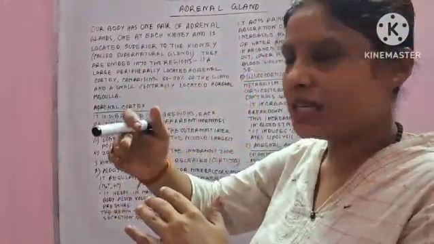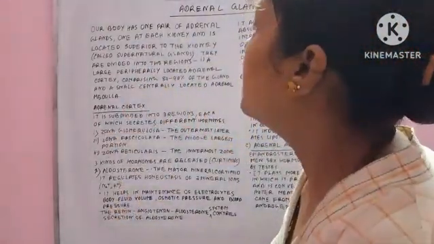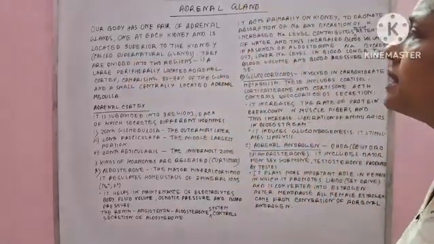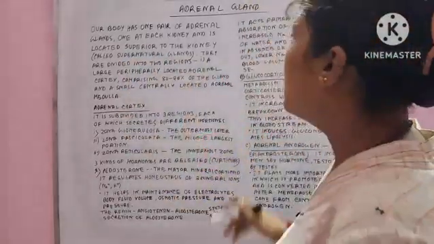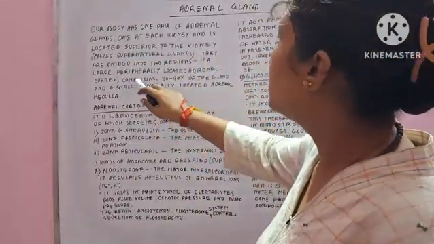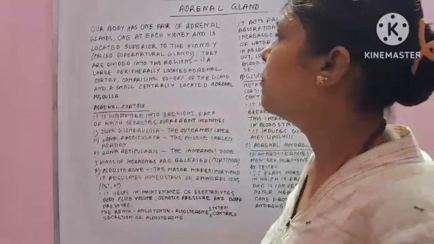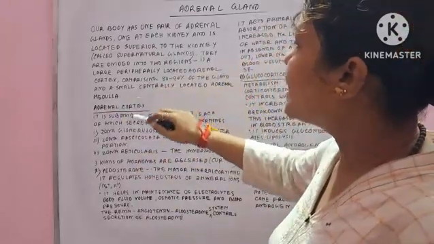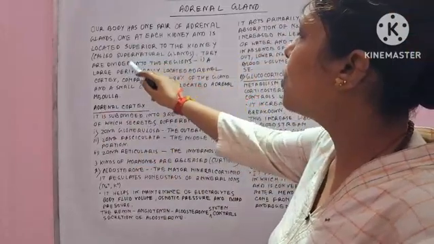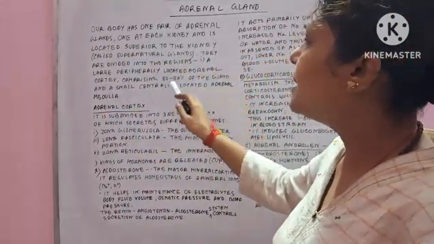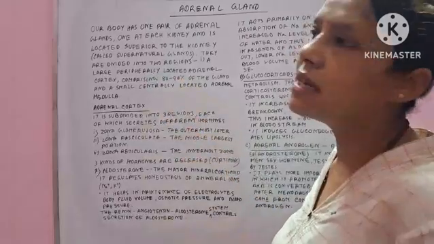These glands are also called suprarenal glands. There are two regions in the glands: one is the adrenal cortex and another is the adrenal medulla. The adrenal cortex is the peripherally located region, and the adrenal medulla is the centrally located region.